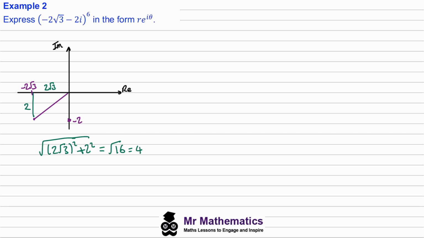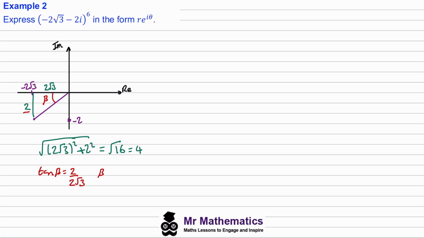And then to work out the argument, well, again, this comes from the real axis, but we don't have a right angled triangle here. So what we can do is we can work out this angle, we'll call this beta, and then to find the argument theta, we'll use angles on a straight line. So the tangent of beta will be the opposite, which is 2, over the adjacent, which is 2 root 3.